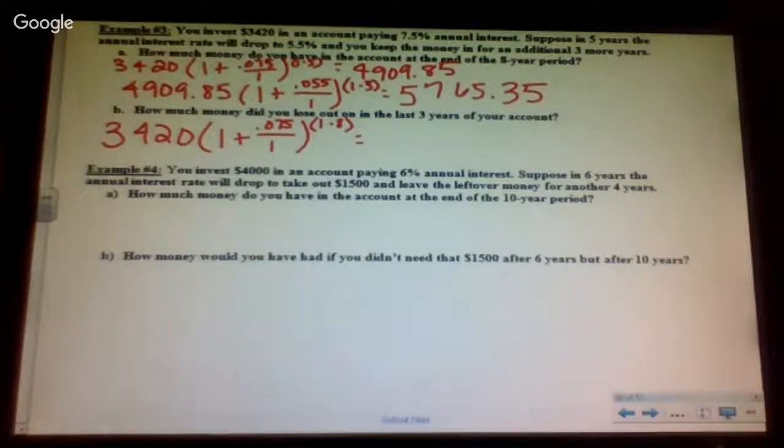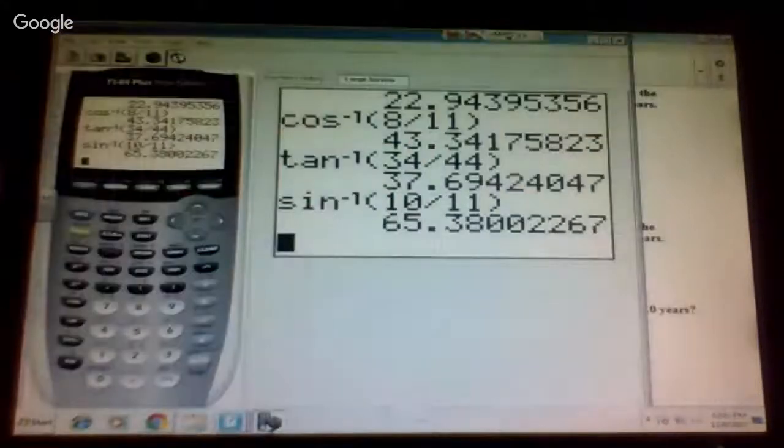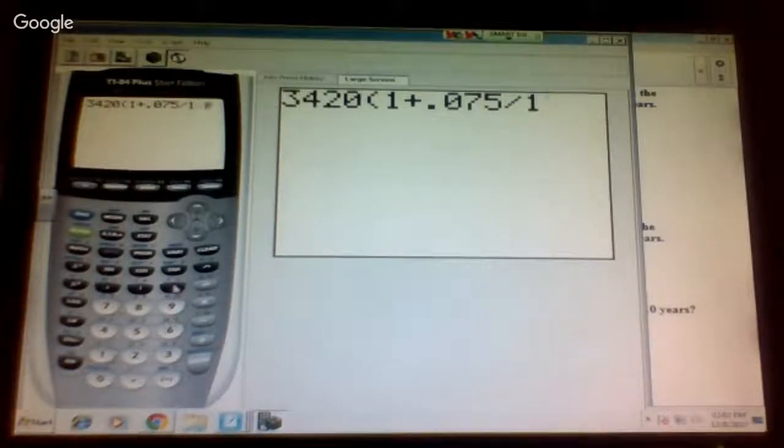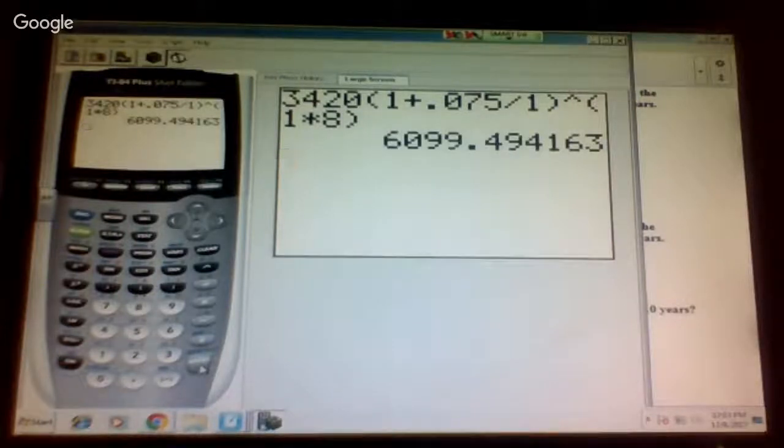So, if you would plug this in, it was 3,420 times 1 plus 0.075 divided by 1, close it, raised to the 1 times 8. Okay, so here's your answer.